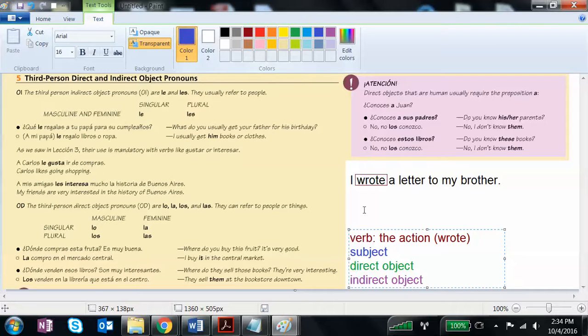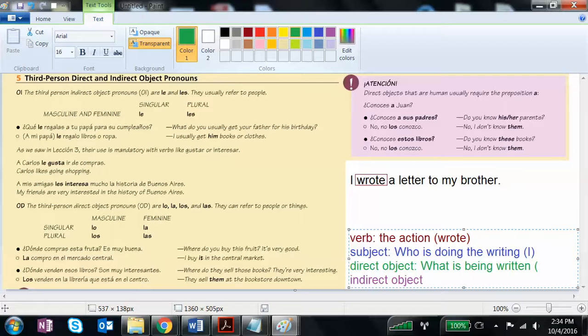The subject is going to answer the question, who? Who is doing the writing, or who wrote the letter? That is I. What is being written?